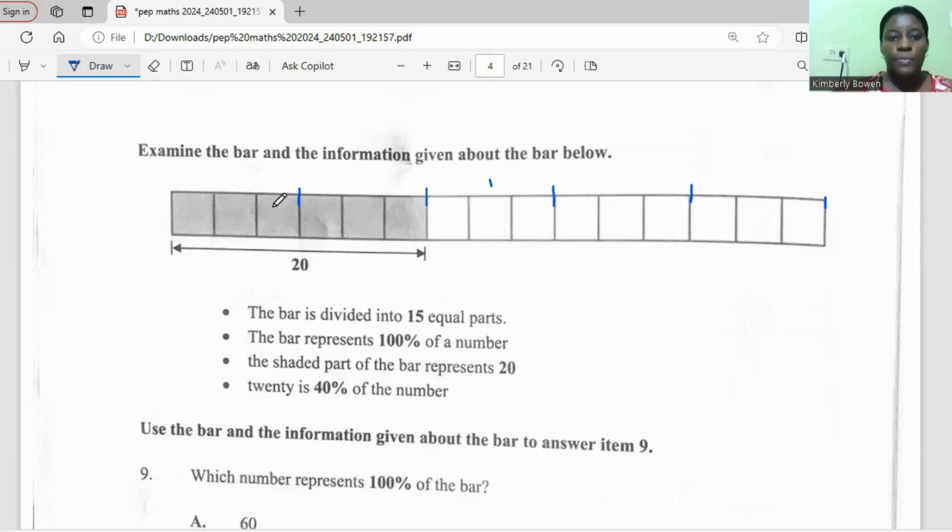So if 20 here is 40%, right? Then that means that 10 here, as I said, would be 20%.